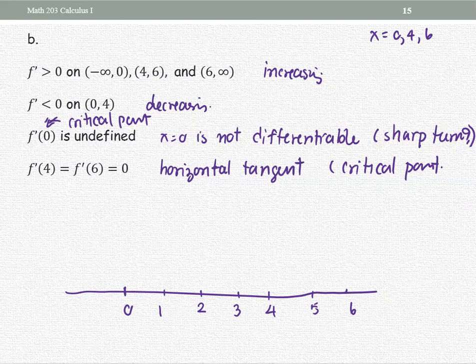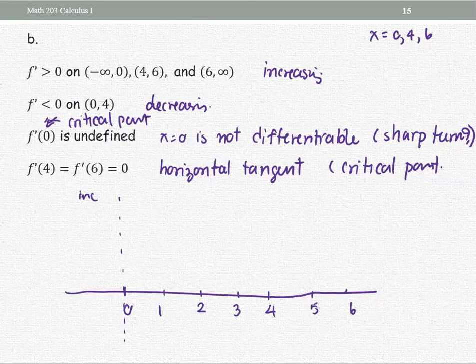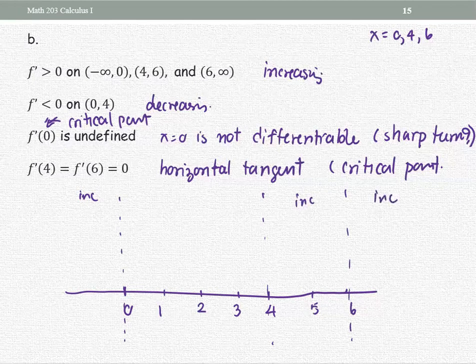From negative infinity to 0, the graph is increasing. 4 to 6, increasing. 6 to infinity, increasing. Between 0 and 4, the graph is decreasing.